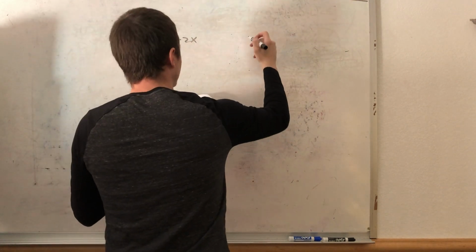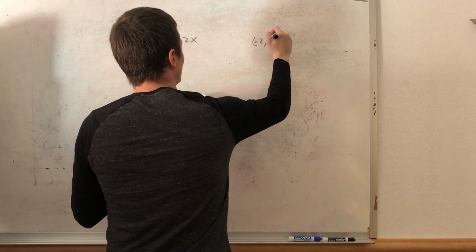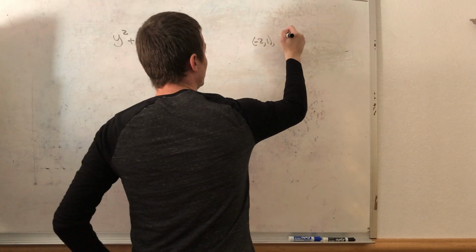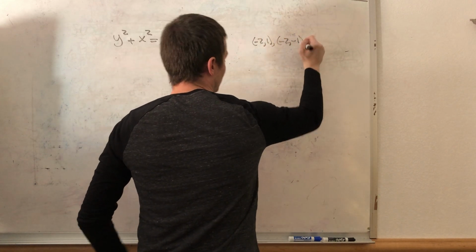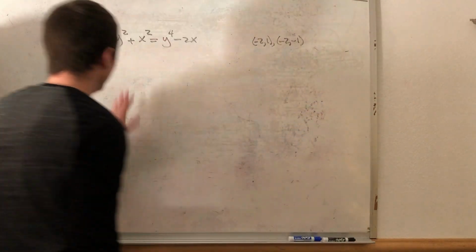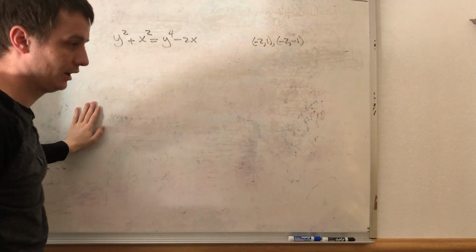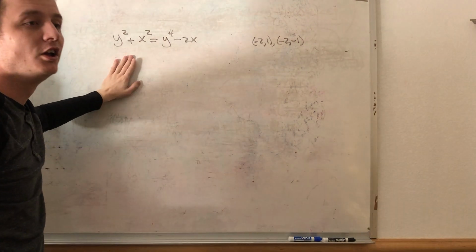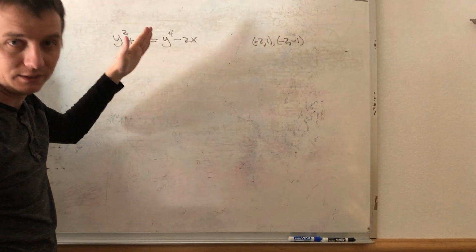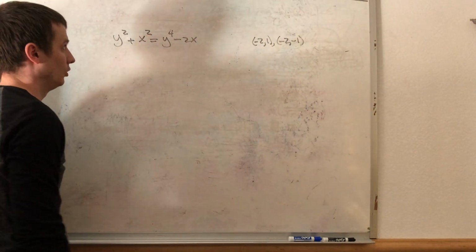And our job is to find the slope at the points negative 2, 1, and at the point negative 2, negative 1. So find the slope of this function at those 2 points, where we think about y as the input and x as the output, or x is the input, y is the output. So our slope is going to be dy dx, or y prime is the symbol I'll use.